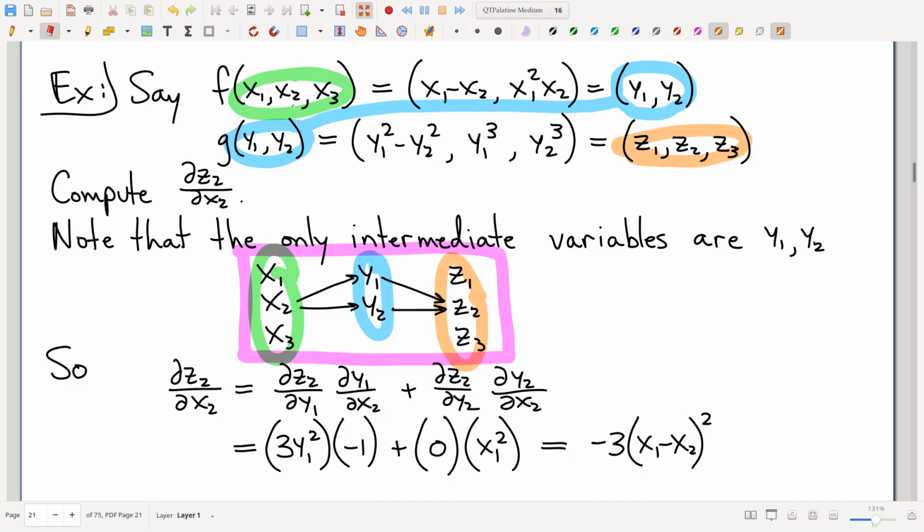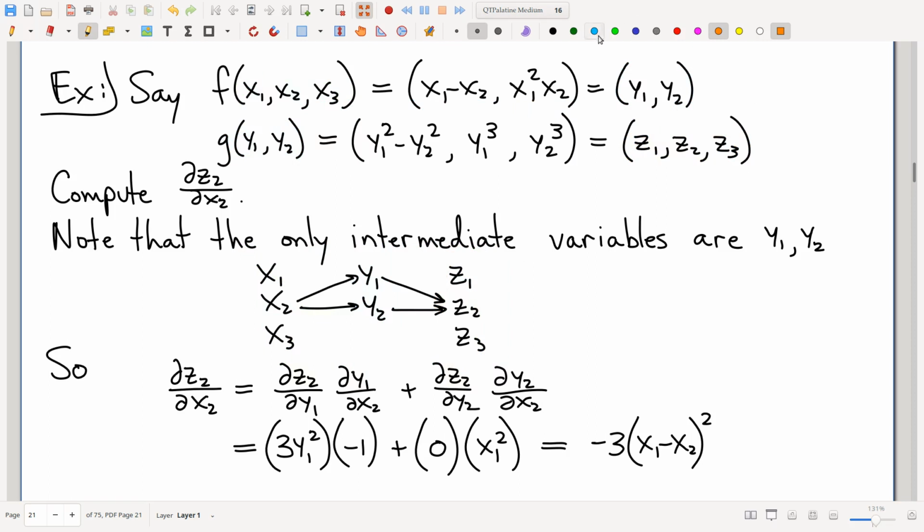With my diagram made, notice we're taking a partial of z2, there it is, with respect to x2, there it is. Now the diagram is doing tremendous work for me. The diagram is telling me exactly where the paths are. There is that path, which you might call the y1 path. And check it out, here's the y1 term. And then I can see, again, thank you diagram, the y2 path.